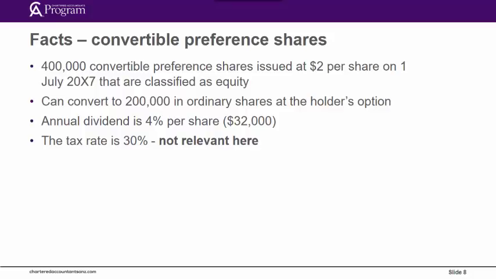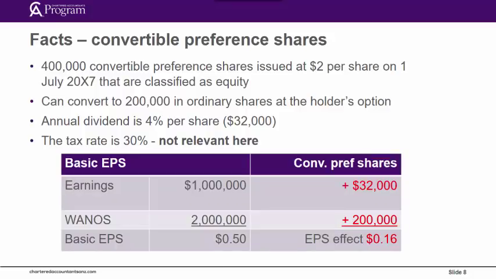So again, let's have a look at what this means for our diluted earnings per share. Again, what's the incremental effect? Remember, when we do basic earnings per share, we take the profit and we subtract off the amount of the preference share dividend because that amount can't go to our ordinary shareholders.